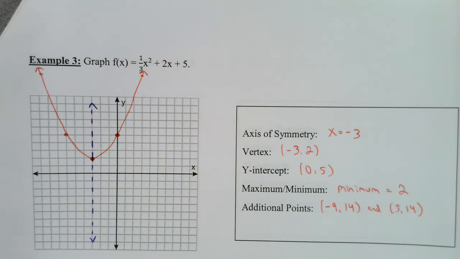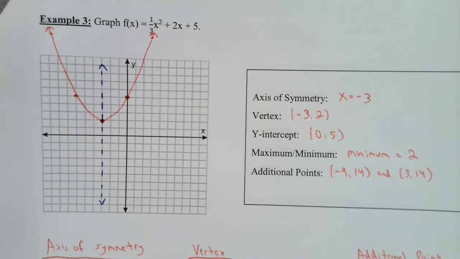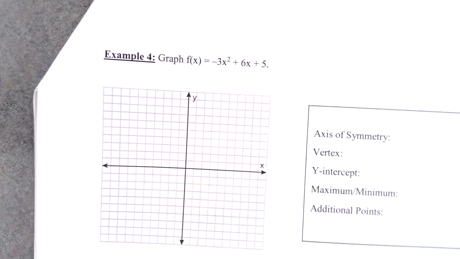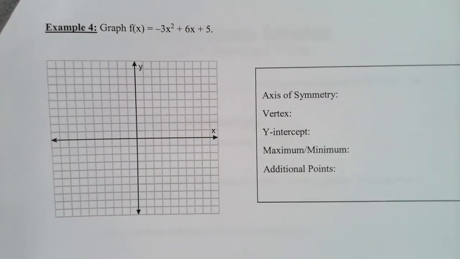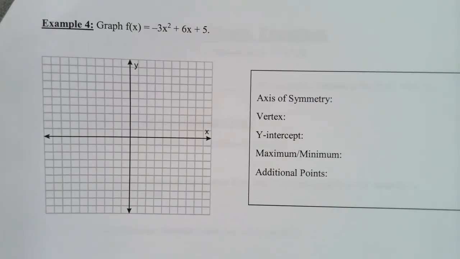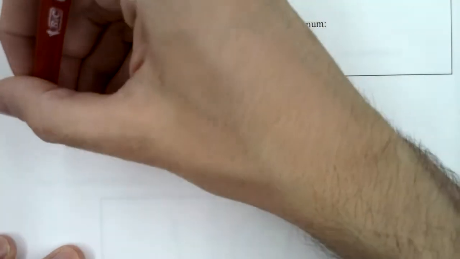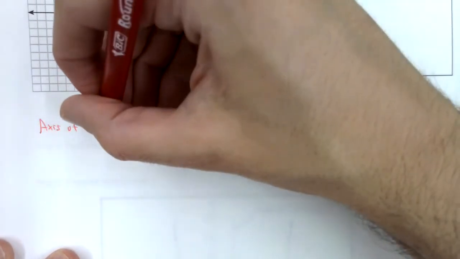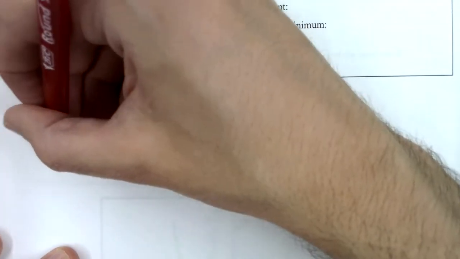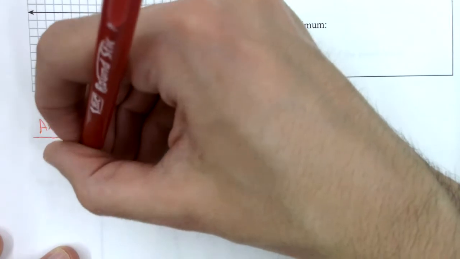Okay, one more. If you stay with me through all this, shout out to you. Okay, so here we go. Same process. Axis of symmetry first. X equals opposite of b divided by 2a. I'll go a little faster this time because it's the last example and we've done a bunch already.